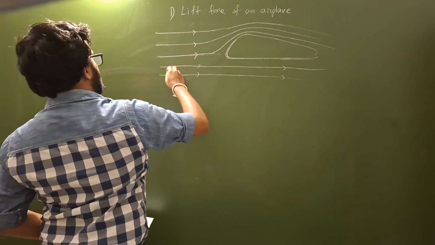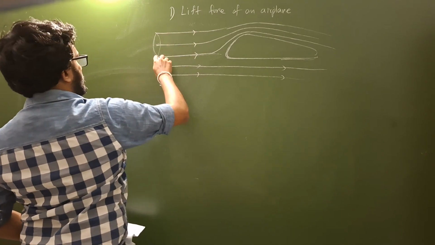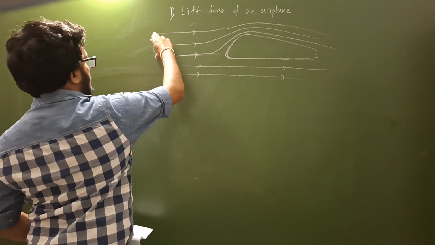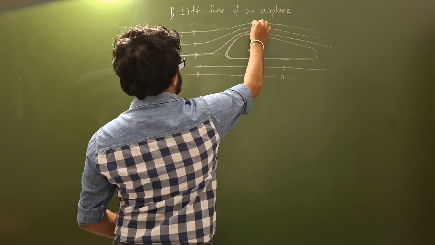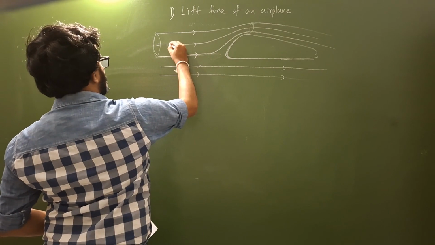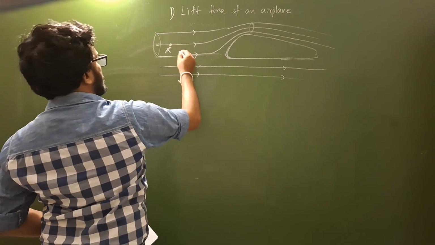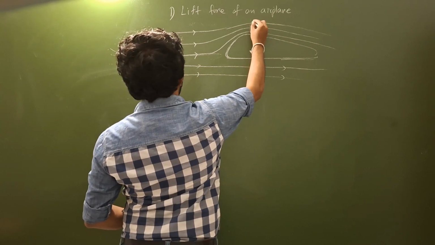Now you can see that if you consider this as a flow tube, the area at this position is high, and area somewhere here is small. So let's take two positions, this as x and this position as y.